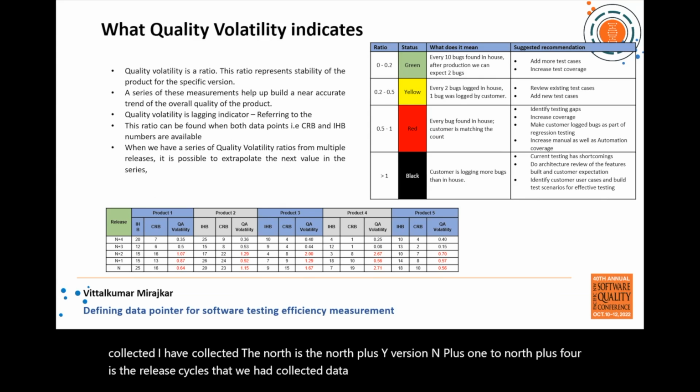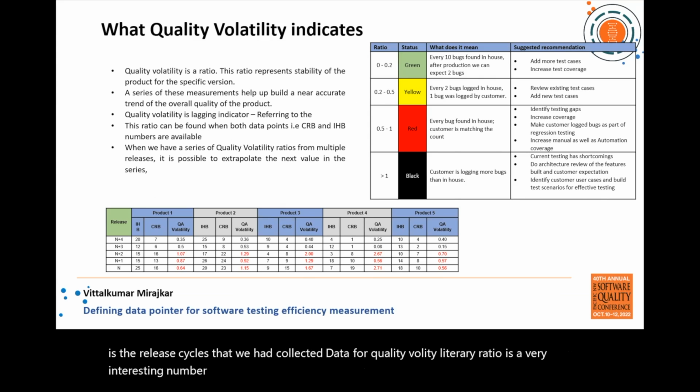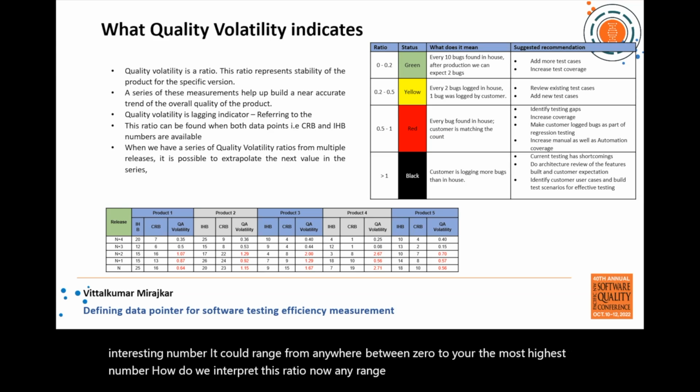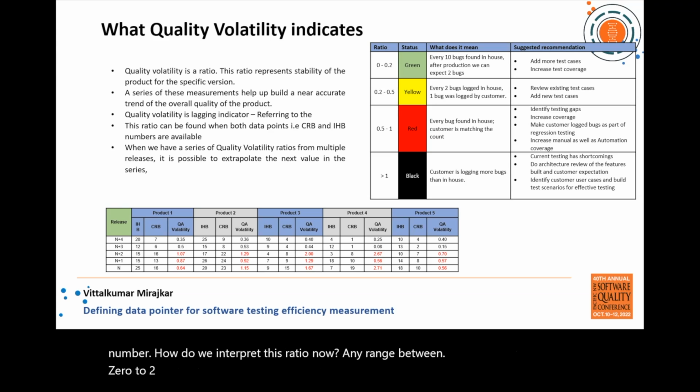Quality volatility ratio is a very interesting number. It could range anywhere from 0 to a very high number. How do we interpret this ratio? Any range between 0 to 0.2 is a good place for a product to be in.